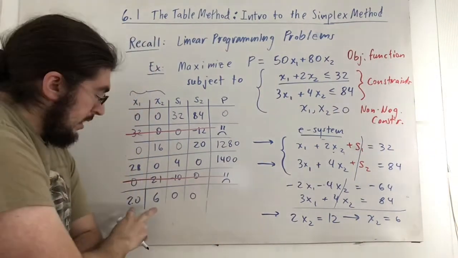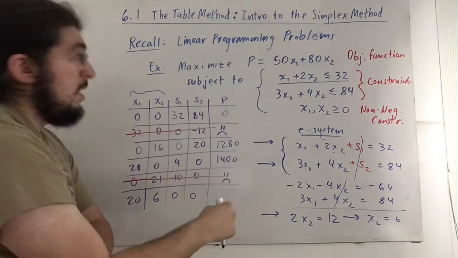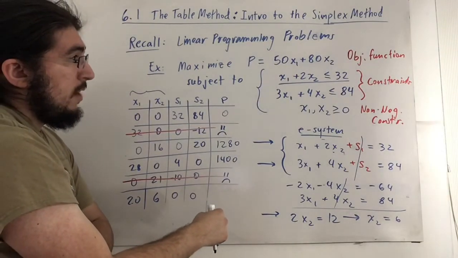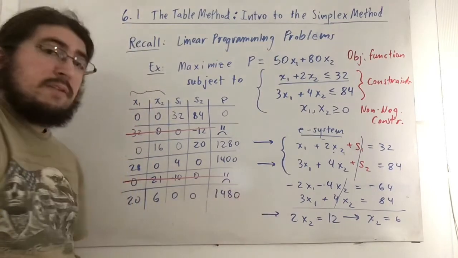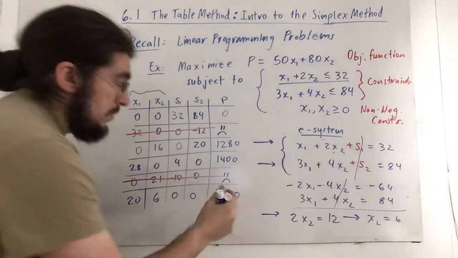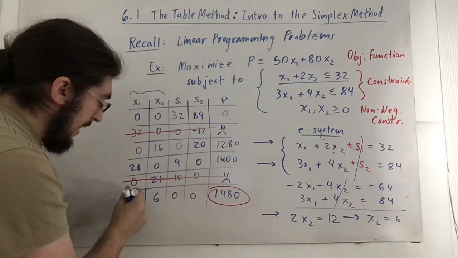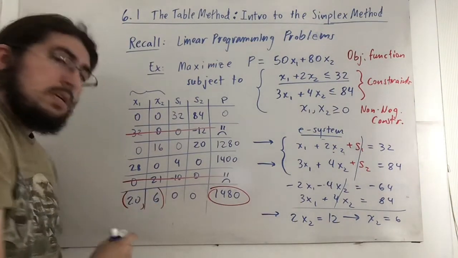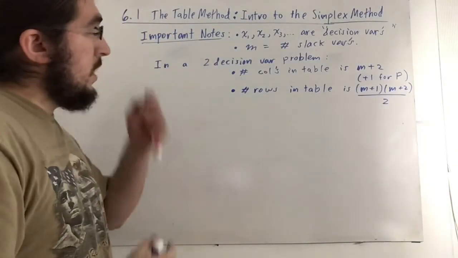And finally, when you plug in 20 and 6, you get 1000, and then 480, so it's 1480. And of course, the one that corresponds to the maximum is the largest of these values. And that occurs at this point, 20, 6.